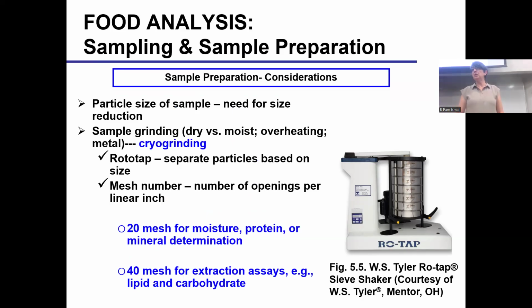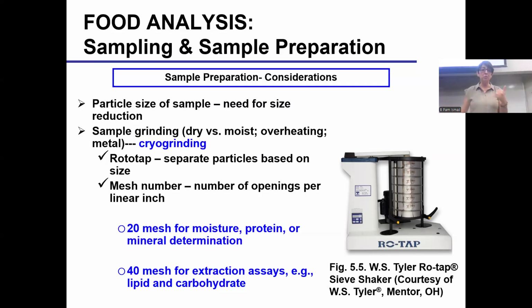Homogenizing your sample is very important for determining certain components. So you need to have them homogenized. Oftentimes we do grinding, and we need to get to a certain mesh size. Remember, the mesh is number of openings per linear inch. For certain analyses, you require a minimum of 20 mesh, meaning 20 openings in 1 linear inch.